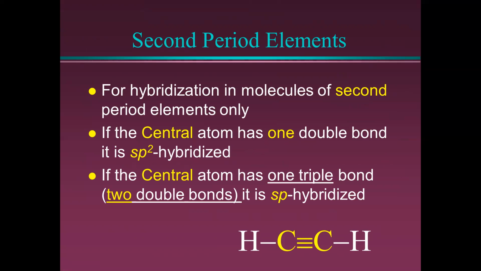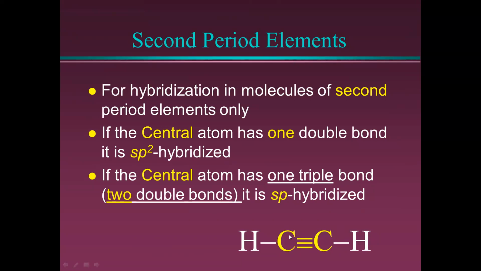So for hybridization in molecules of the second period elements only: if the central atom has 1 double bond, it's sp2 hybridized. If the central atom has 1 triple bond, it's sp hybridized.